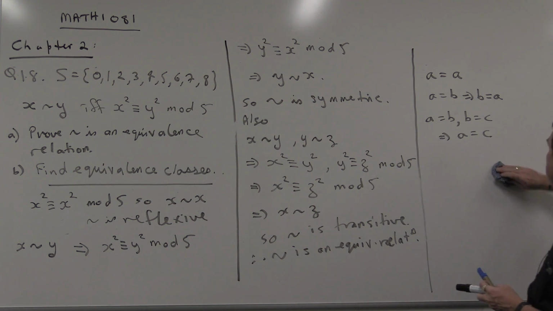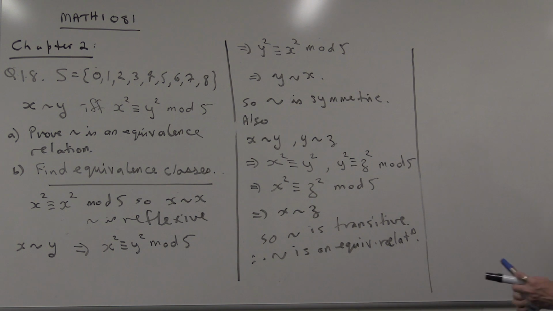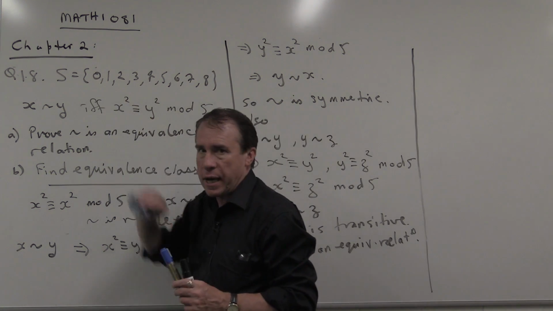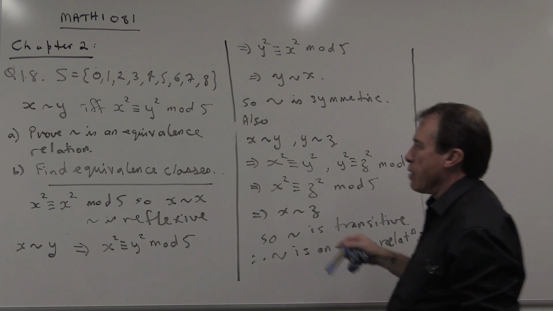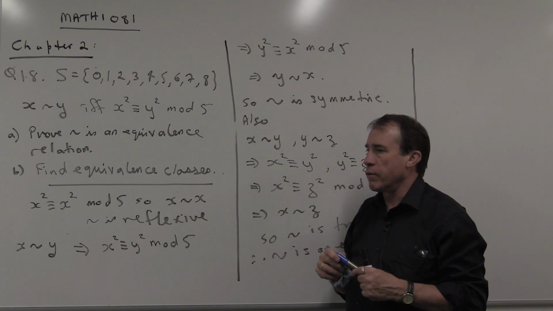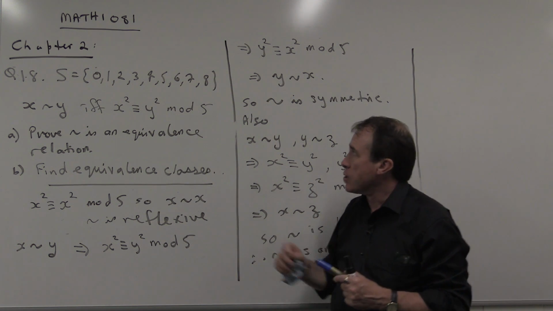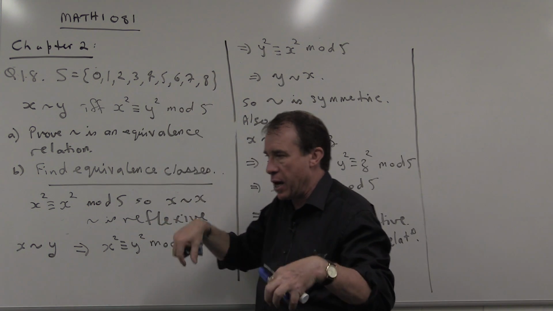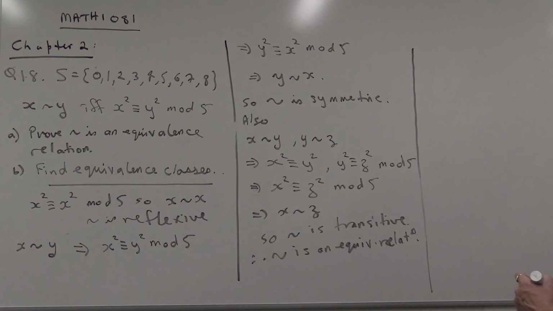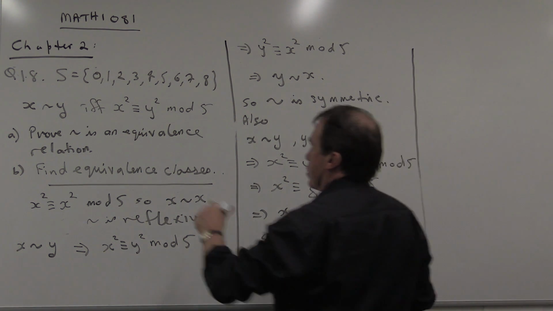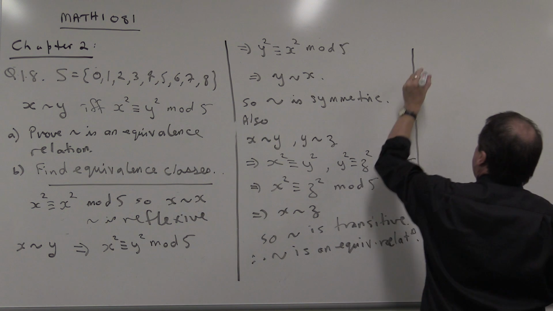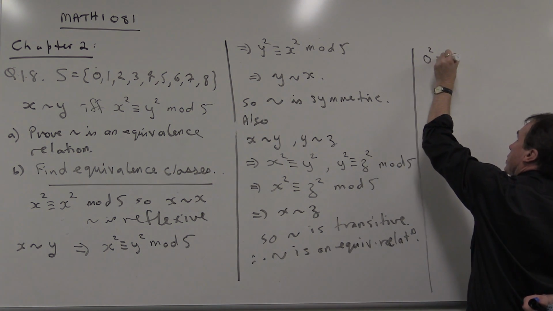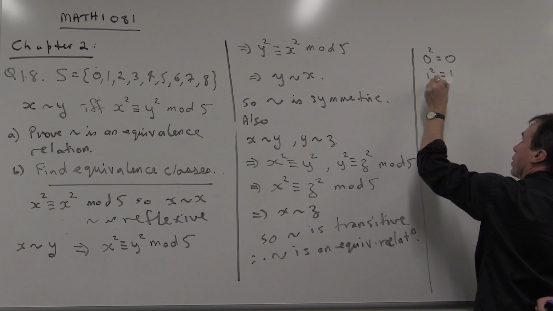Now finally, to get the equivalence classes, that simply means that you want to chop up this set S into smaller sets in which every element in each of those smaller sets is equivalent to every other element. So we're going to partition this set S up into such sets. The easiest way of doing this, I think, is to have a look at what the squares all look like modulo 5. So make up a little table. 0 squared is 0, 1 squared is 1.